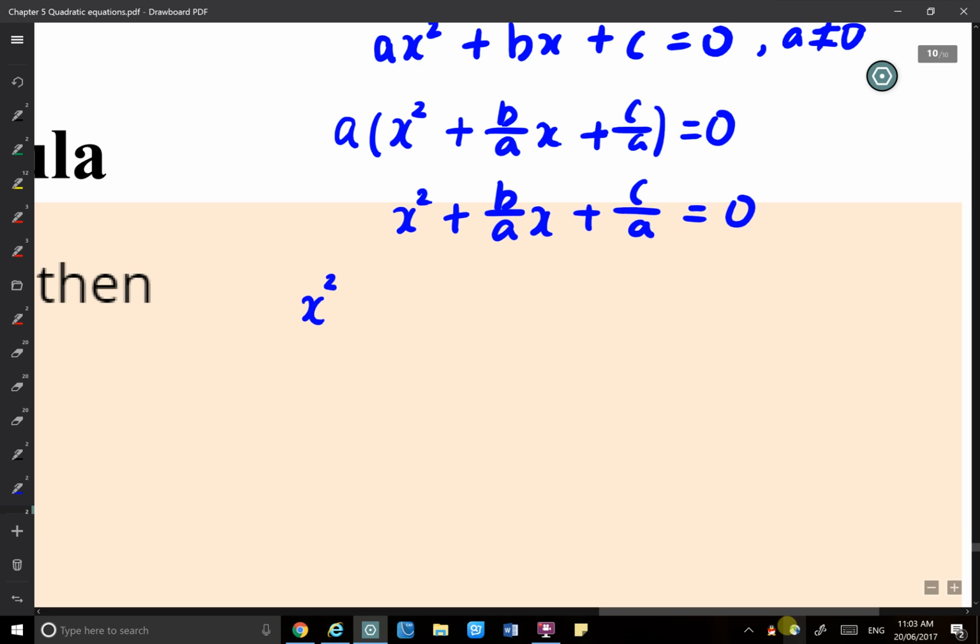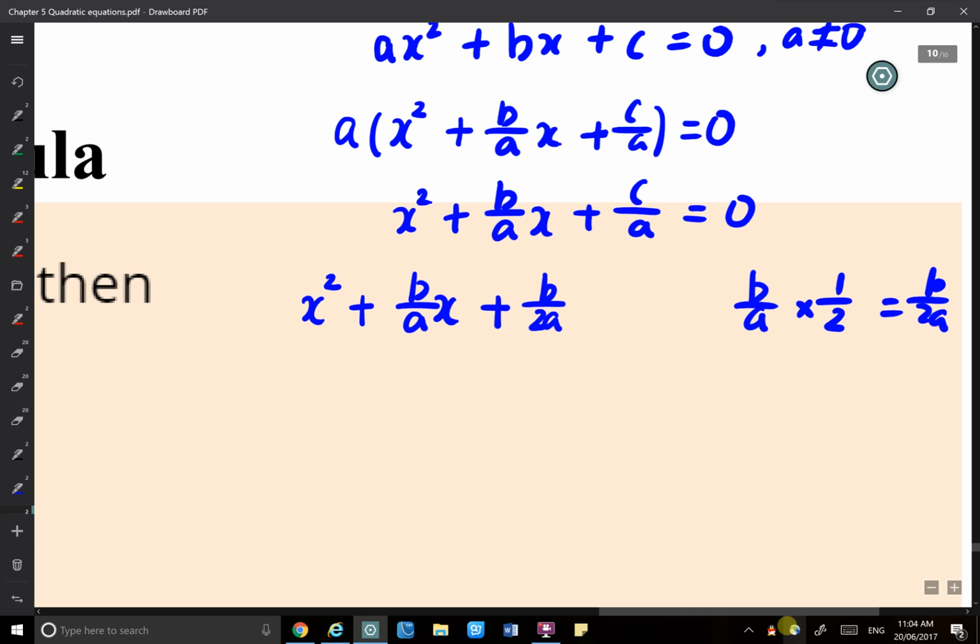Okay, we have the first term, we have the second term, and we take half of the middle term. B over a, half of it is b over 2a. So I will add b over 2a squared, and I will subtract half of that term squared.